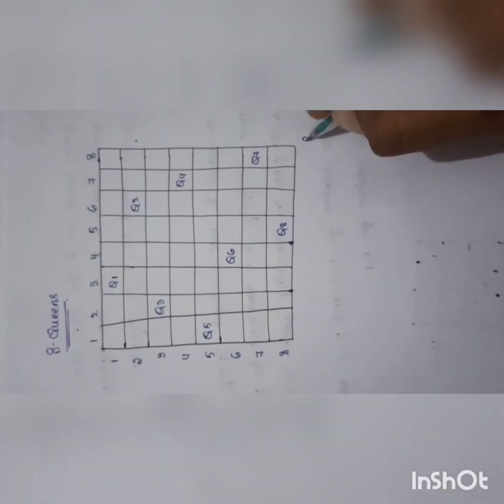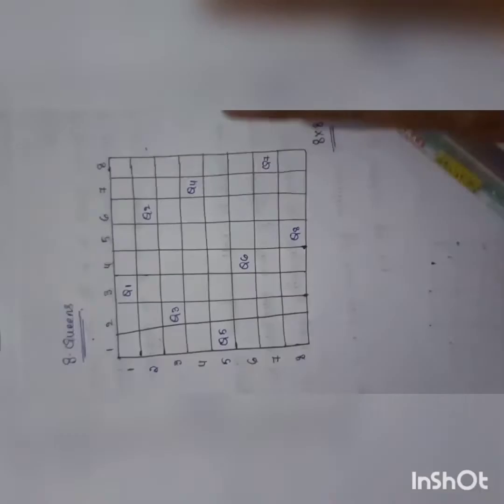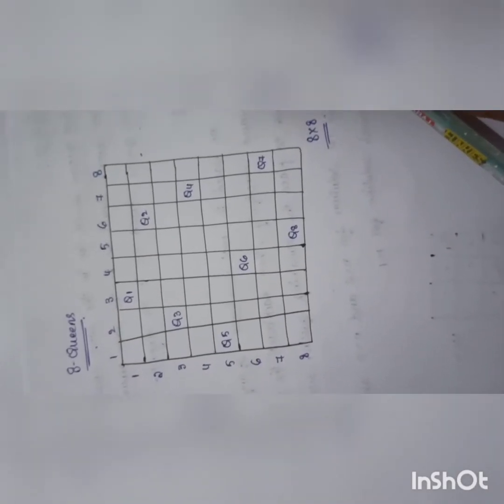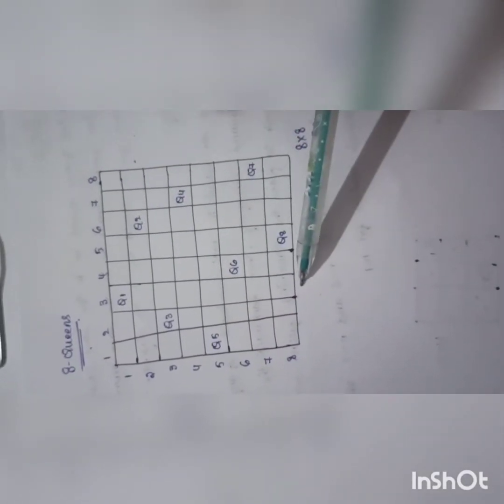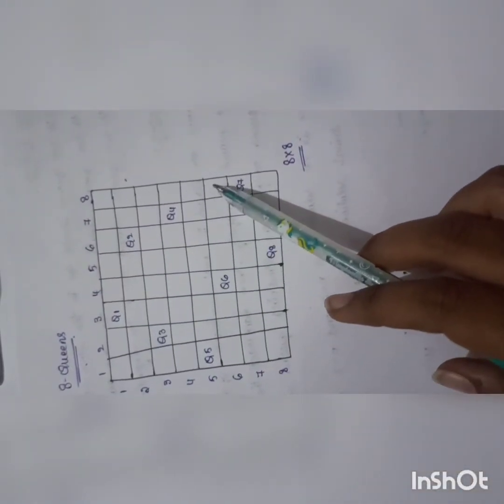And this is the 8 by 8 chessboard. Now let us check whether the solution was correct or not. There is no other queen in this row and there is no other queen in this column, and there is no other queen placed in this diagonal.